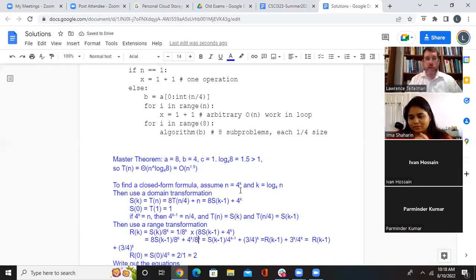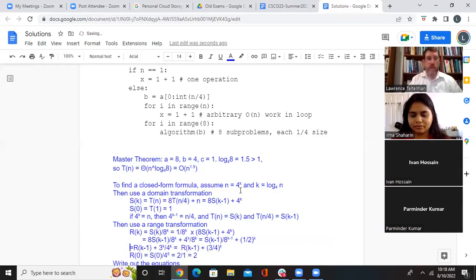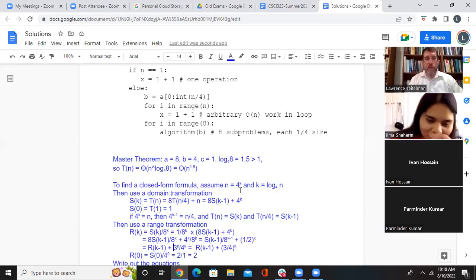Okay, so I get 4 to the k. That's equal to s of k over 8 to the k minus 1 plus 1/2. And that gives me r of k minus 1 plus, right?